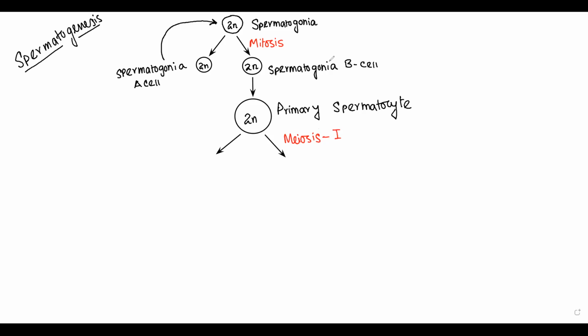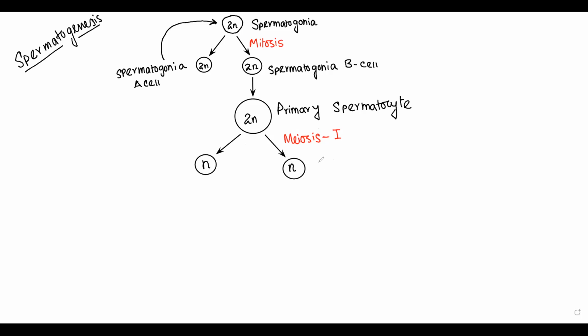And after the meiosis, what happened? It produces n and n, because the chromosome number becomes reduced after meiosis. That thing you studied in class 11.